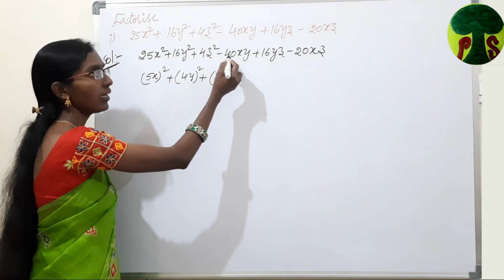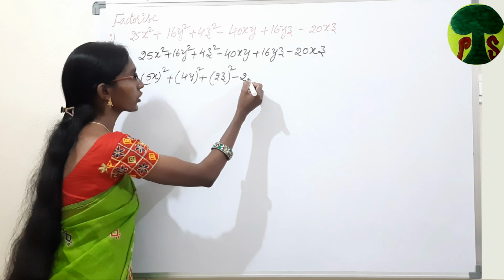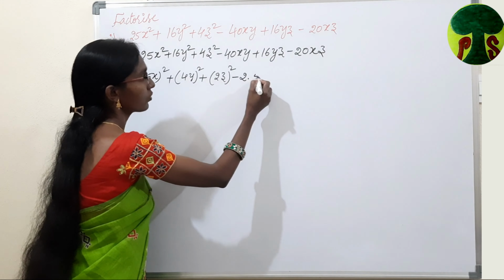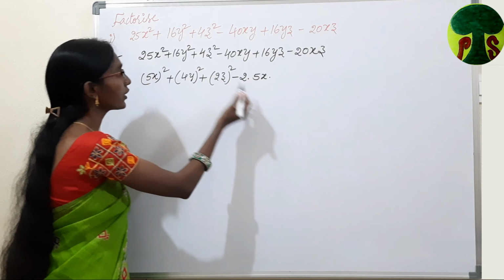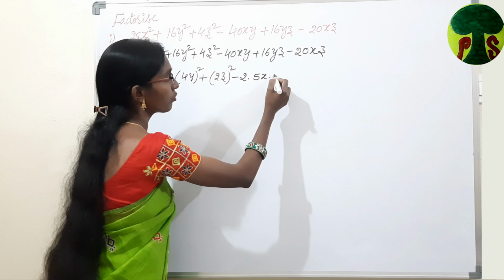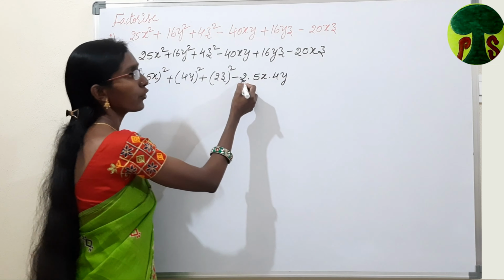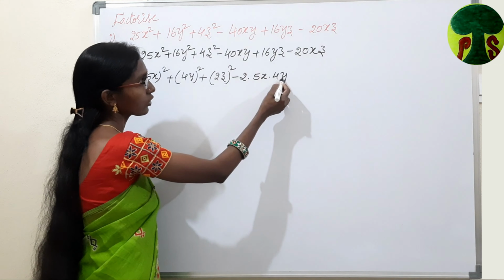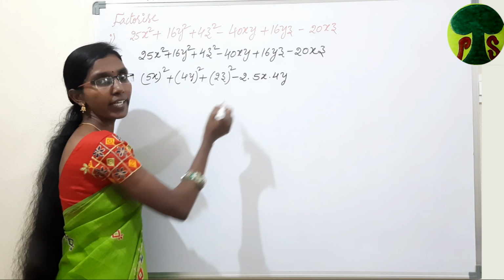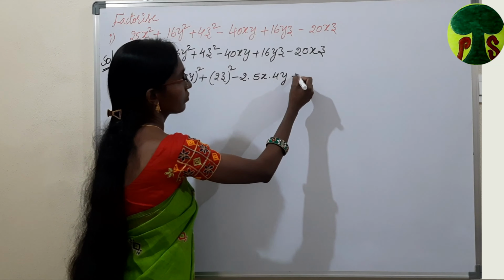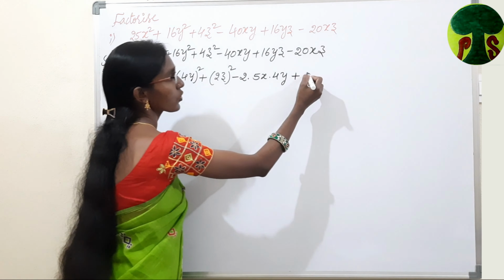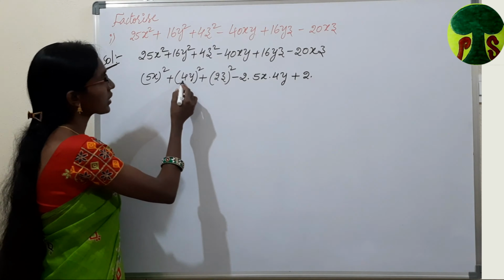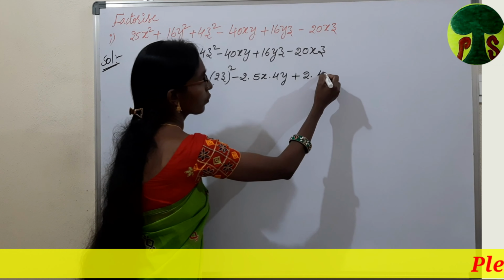Minus, here I am writing this as 2 into 5x into 4y. 2 into 5 is 10, 10 into 4 is 40, x into y is xy, so 40xy.